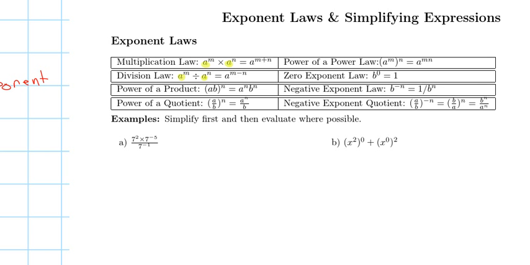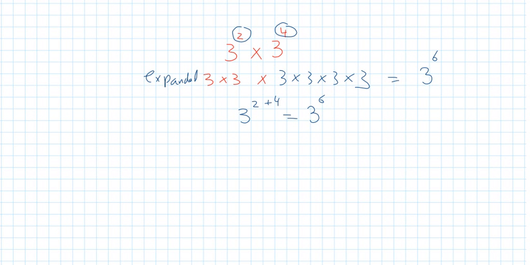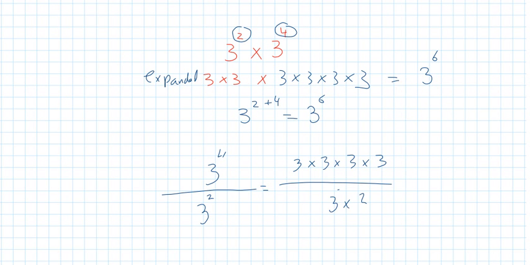So if I'm going to take the same example and do 3 to the power of 4 divided by 3 to the power of 2. 3 to the power of 4, we said it's 3 times 3 times 3 times 3, divided by 3 to the power of 2, so that's 3 times 3.